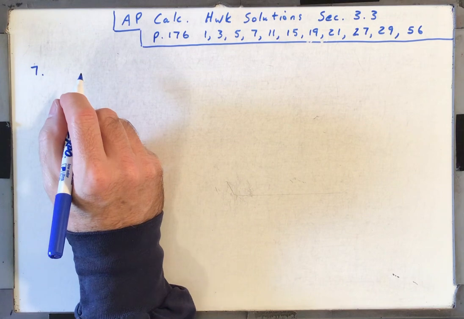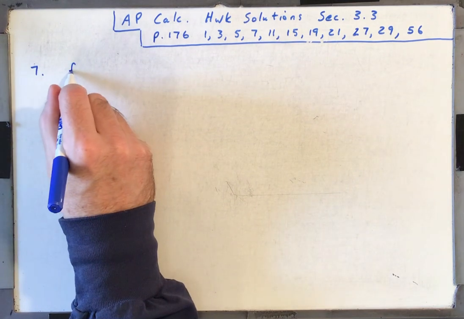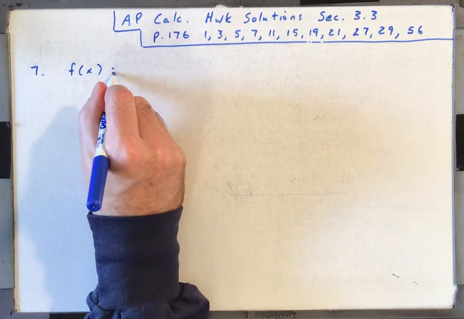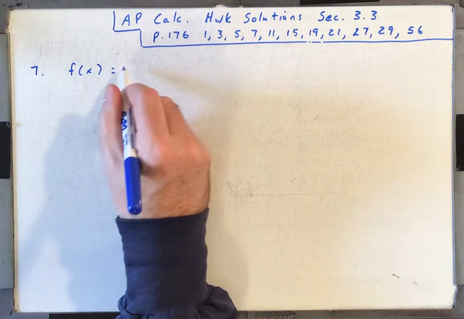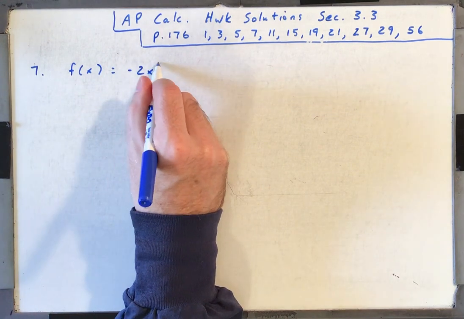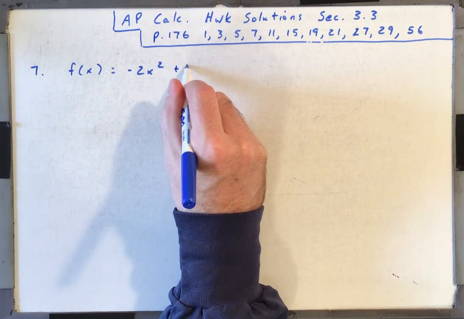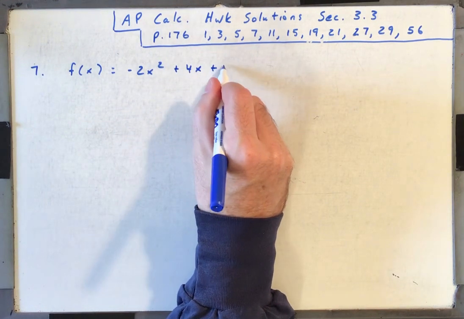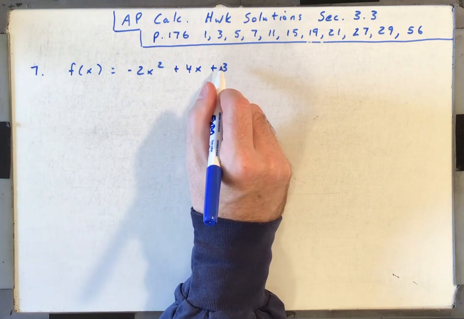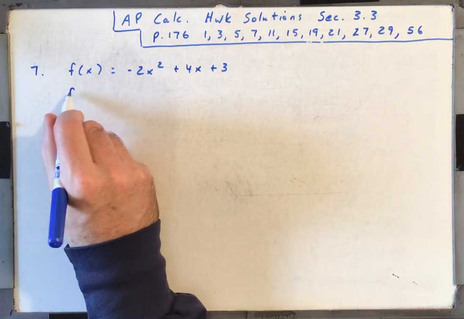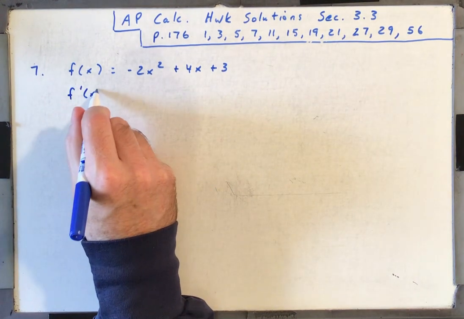So our first one is number 7, f of x is equal to negative 2x squared plus 4x plus 3. You want to double check that. So first thing you always do is take the derivative.